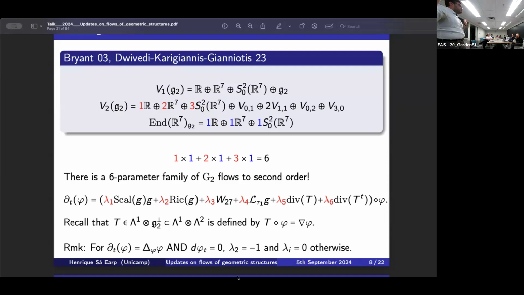In this case, I picked G2 because I like G2, but you can pick SU2, SUN, Sp7, whatever you want. And you have a description in terms of this family of parameters.